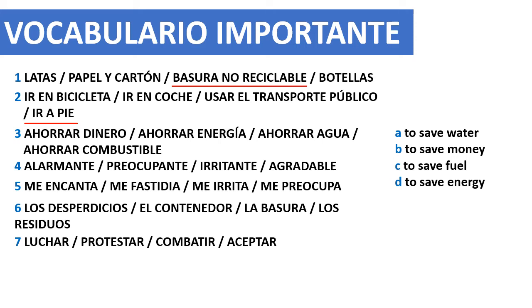We should know energía, which is obviously energy. We should know dinero as money, agua as water. So obviously the only thing we don't know is going to be combustible, which we're going to work out through process of elimination as fuel. So in this case, you've got money, energy, water, fuel. I would say that the odd one out is money. The other things are all things that you'd say for the environment, you'd save energy, water and fuel.